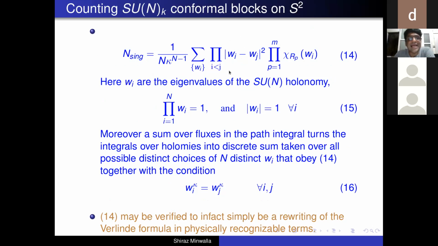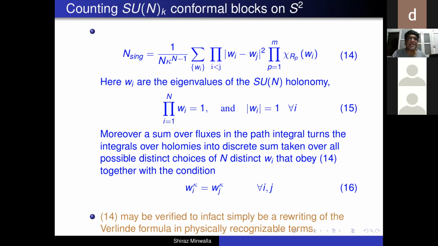The discretized eigenvalues are those such that the ratios of any two of these eigenvalues are kappa-th roots of unity. So omega_i to the power kappa is equal to omega_j to the power kappa for all i and j. And of course, the product of all omega_i is equal to 1. It's easy to convince yourself that the set of all such eigenvalues is finite, in fact in one-to-one correspondence with the integrable representations of SU(N) Chern-Simons theory.